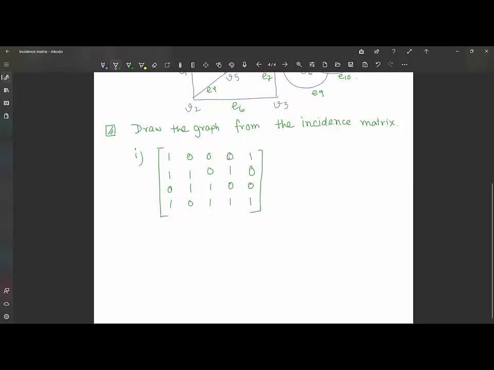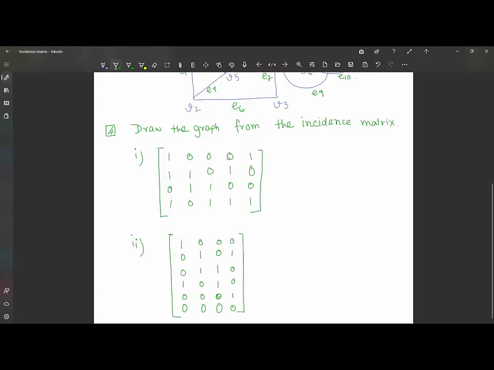And similarly, if I give you another problem, number 2, where the total number of vertices is lower, and this is suppose 1 2 3 4 5 6, and this is 1 0 0 1 0 0, this is 0 1 1 0 0 0 0 0 1 1 0 and 0 1 0 0 1 0.